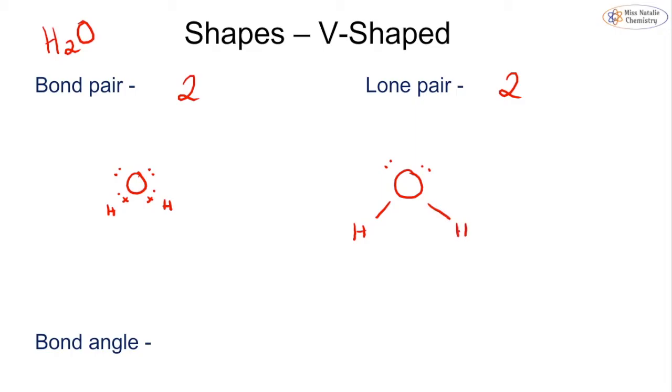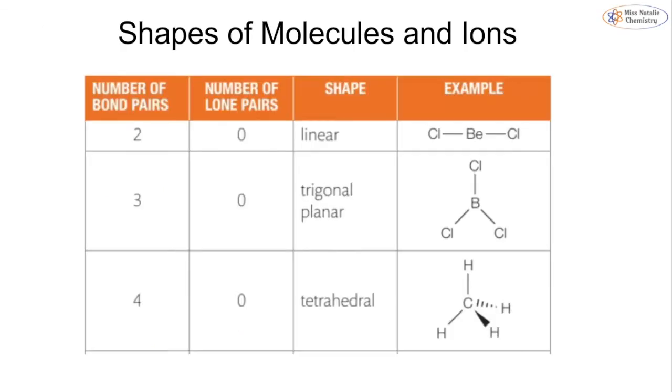You can see that we're pushing the hydrogens closer together because the lone pair repulsion is quite large in comparison to the bonding pair, and this is then reduced, and we get a bond angle of 104.5 degrees.